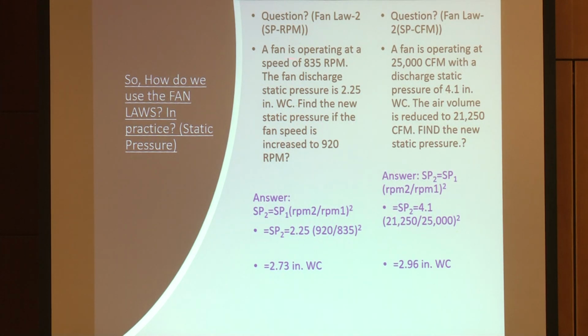We're operating at a certain speed at a pressure, and now we want to go to a different one. So now we have to go to the static pressure RPM relationship to come up with the new inches of water column pressure. Similarly, the same thing. We have a fan operating at a certain flow, at a certain pressure. Now we want to reduce it, find the new static pressure, and here you go.